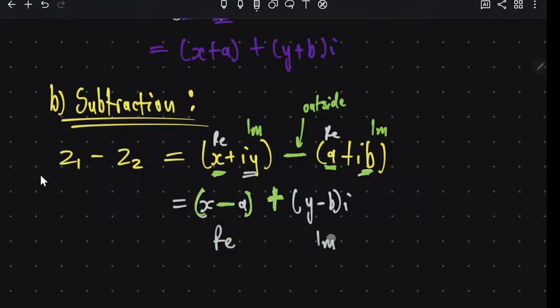Do you understand, Ru? Do you understand, girls? Good. Now, what about dividing?